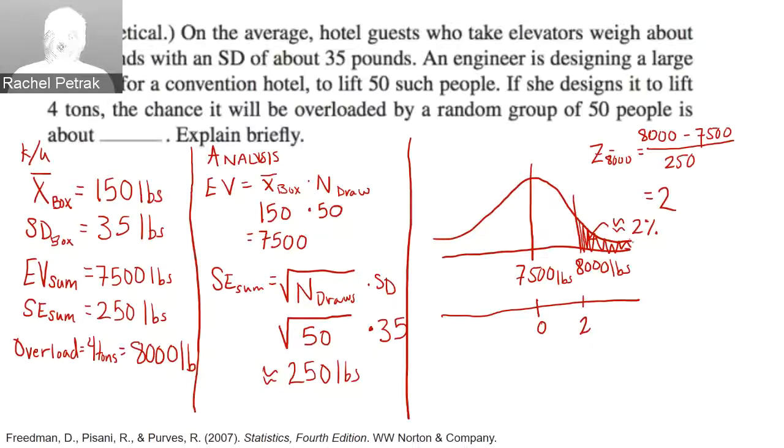So there's a 2.5% chance of overloading the elevator, which, although small, is still highly problematic because we're talking about overloading an elevator. 50 people could die if it gets overloaded. So probably a better elevator is needed in this case.